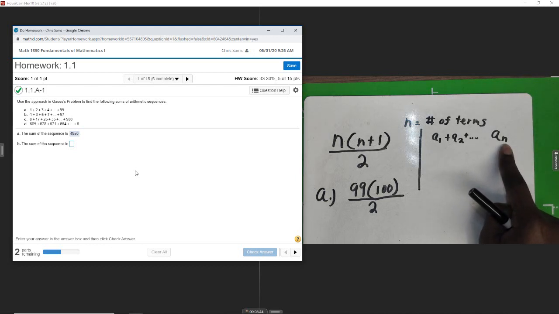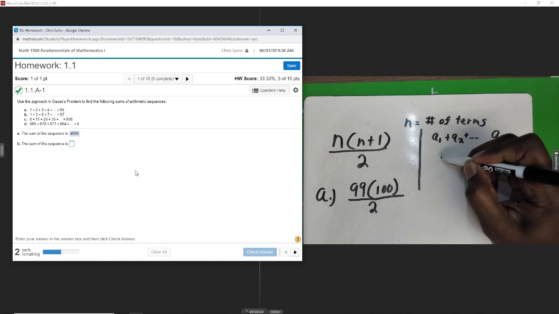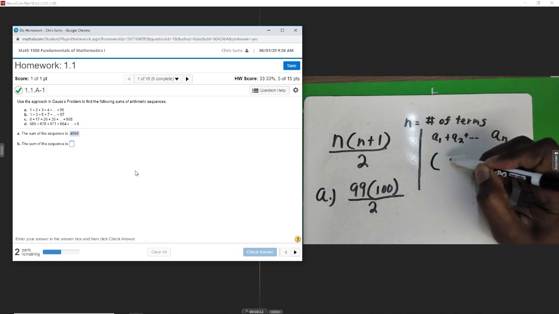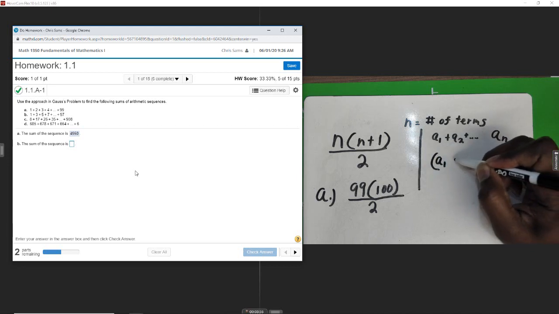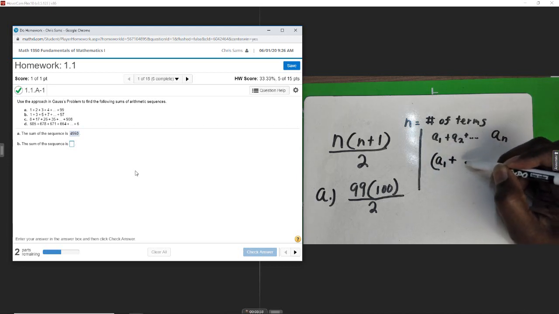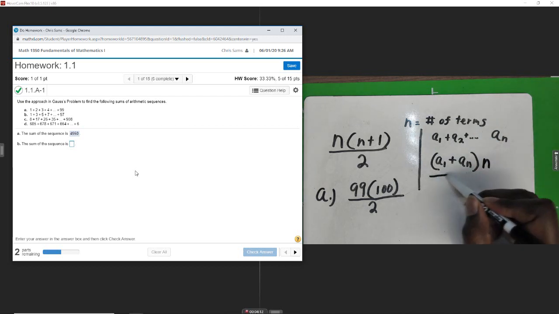Okay, so the new formula that you can use says the first term, which is A1, plus the last term, which is AN. Just add the first and last one up, times the number of terms you have, which is n. You still have that n there, and then you divide it by 2.